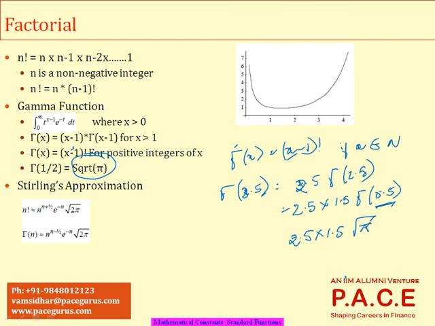But if it is not an integer, then you can do something like this: x minus 1 into gamma x minus 1. Repeat the process in an iterative fashion and try to get out your value of gamma. Finally, if it comes out as gamma of 0.5, you can make an approximation of equal to square root of pi itself.